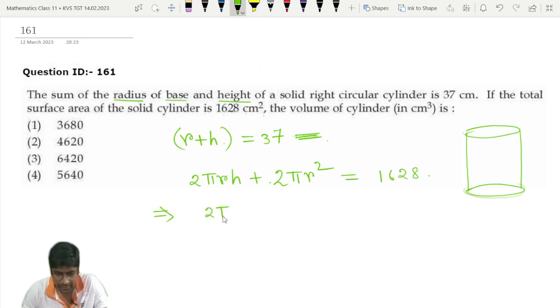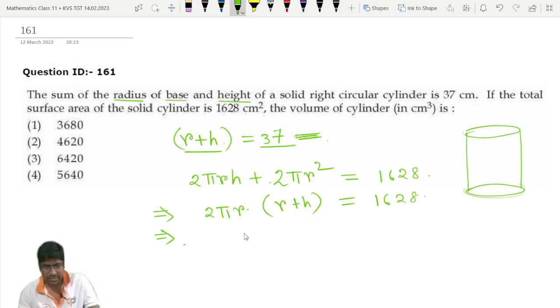Now from here what we can do? 2 pi r we can take common, so we will get r plus h. 2 pi r into r plus h is equal to 1628. r plus h again it is given, it is equal to 37. So we can put the value 37.